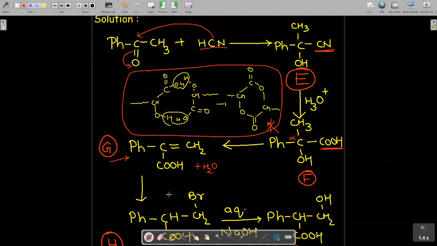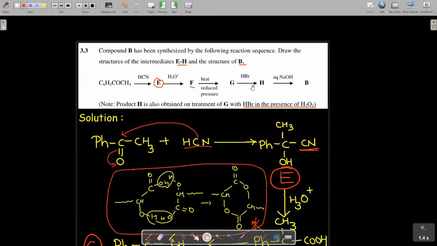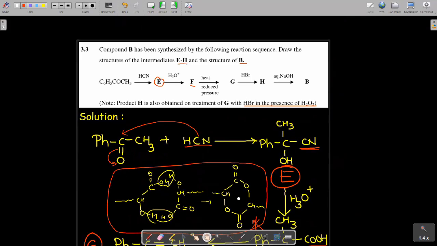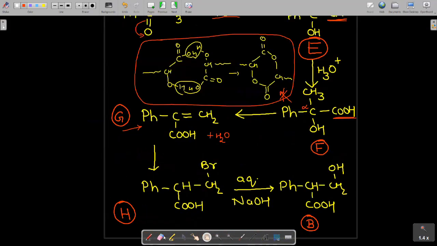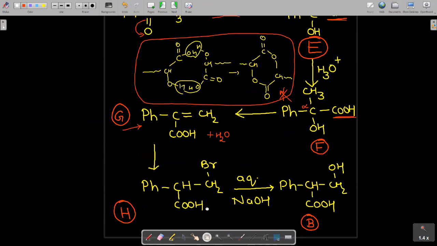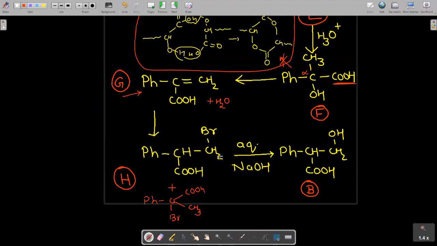Now see, when we move from G to H, they are adding HBr. So here students may get confused about what we should do. Should we go for the stability of a benzylic carbocation and thereby form a Markovnikov addition, or should we form what I wrote as anti-Markovnikov?